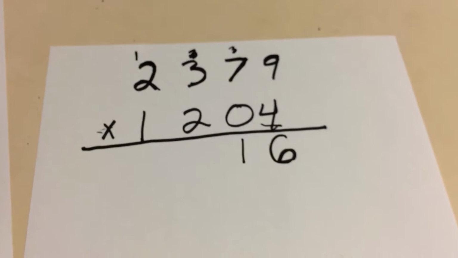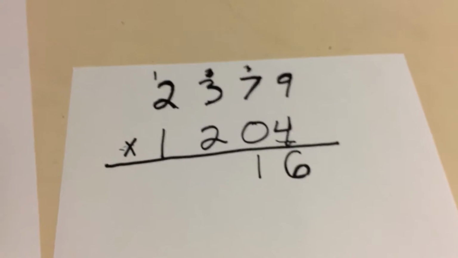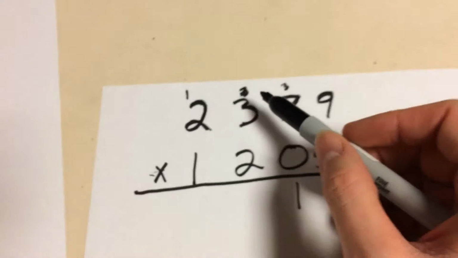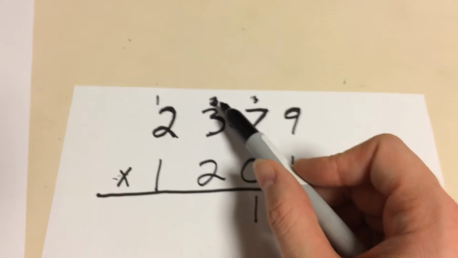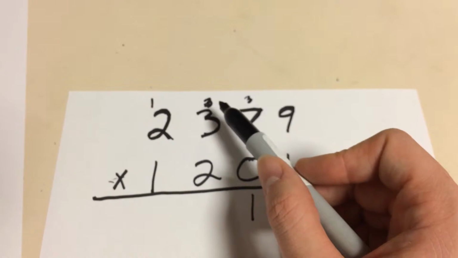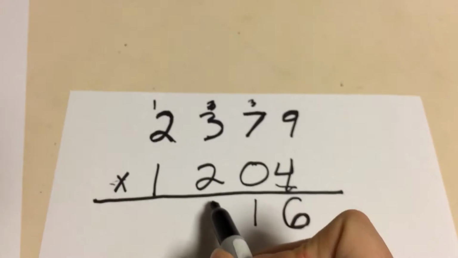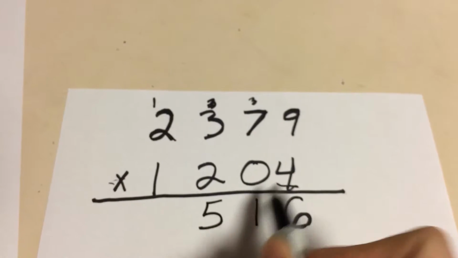So we'll write the 1 over there in the thousands place. Now, we have 2 left over when we get 12, but we also need to add this 3 here. So we're going to add this 3 to the 2, and now that makes our total 5.